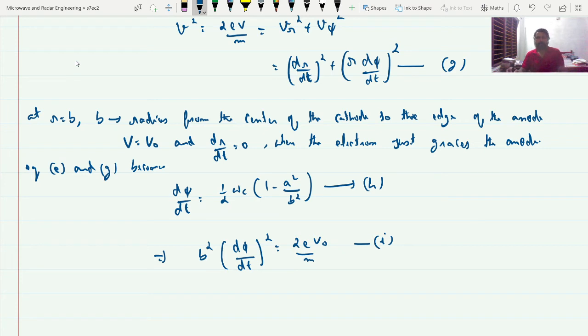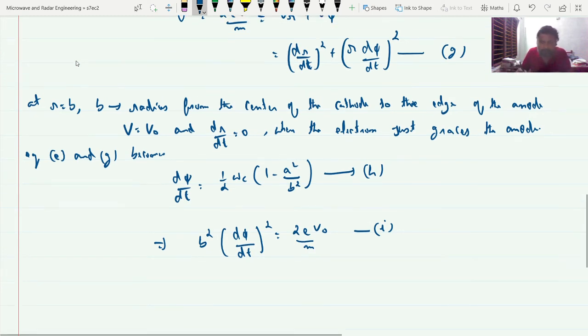Okay. So d phi by dt equal to 1 by 2 omega c 1 minus a square by b square, which implies b square into d phi by dt the whole square is equal to 2e V naught by m.